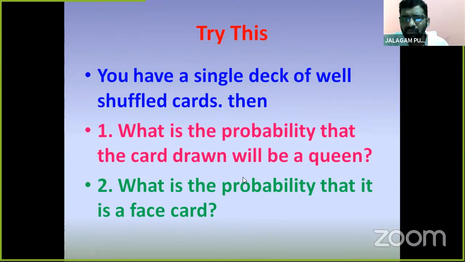Favorable outcomes divided by total possible outcomes. How many favorable outcomes are there for face card? Yes, that is correct. Divided by the total number of outcomes, it is very easy. You solved the problem, children.